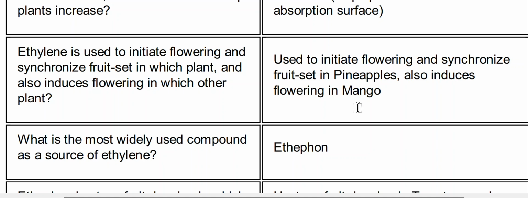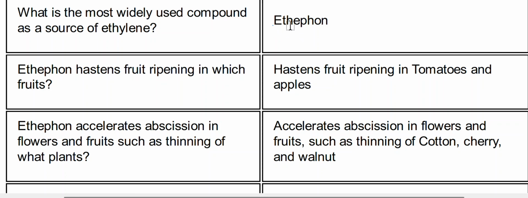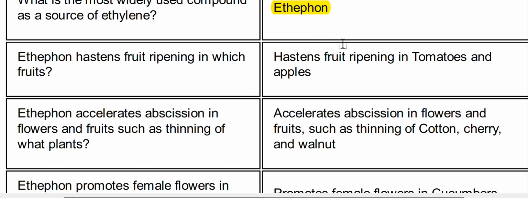Ethylene synchronizes fruit set in pineapple and flowering in mango. Ethylene is commercially available as ethephon. Ethephon hastens fruit ripening in tomato and apple.